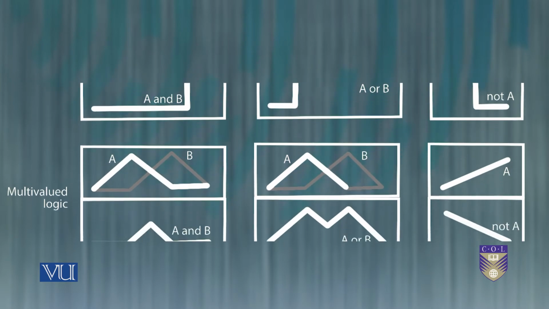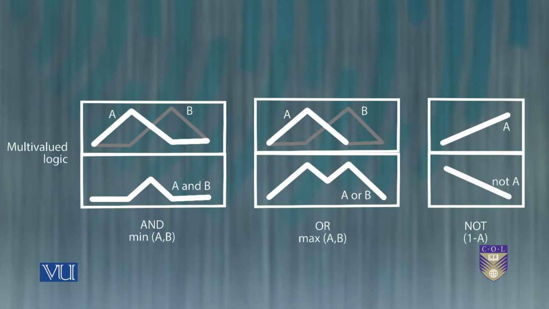Now, look at the second, which relates to multi-valued logic. Notice that we have used a triangular representation. So an input A doesn't always have a value of 0 or 1. It could have multiple values, as I said, multi-valued logic or multi-valued representation, which is that membership function.